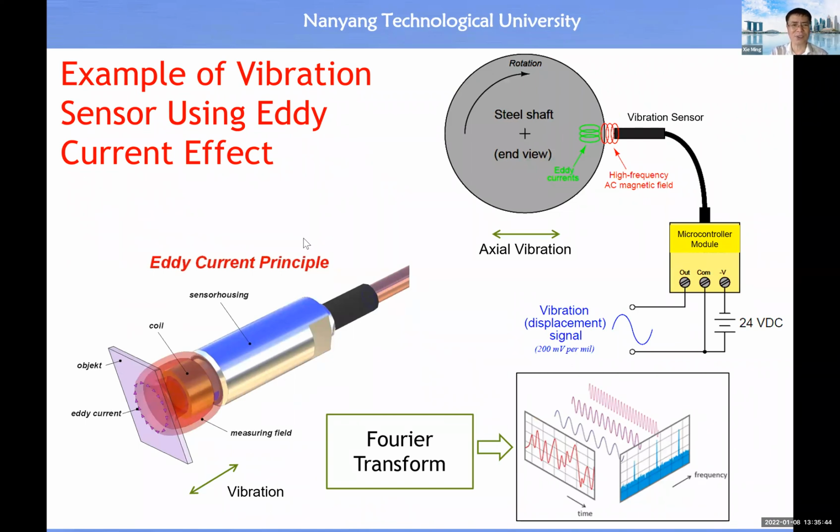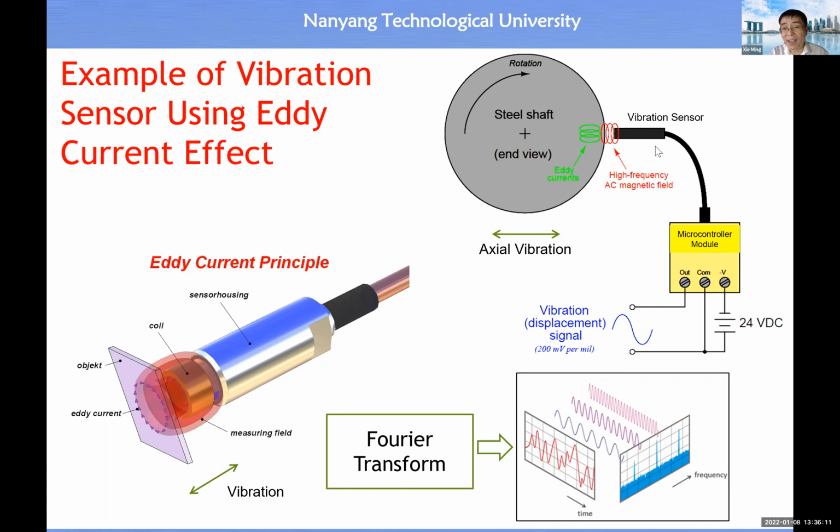Then here is an example of a vibration sensor which makes use of the eddy current effect. So here you will see, let's say we want to monitor the actual vibration of this motor shaft. So this is the shaft of the motor rotating, okay, and this is rotation. And due to vibration, you may have actual vibration. Then in the proximity, we have this vibration sensor, which makes use of the eddy current effect.